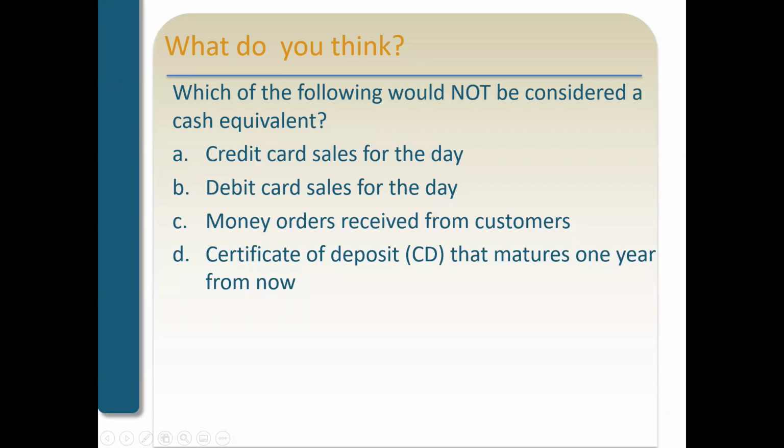Which of the following, though, would not be considered a cash equivalent? Would it be credit card sales for the day? Debit card sales for the day? Money orders? Or certificate of deposit, CDs that mature 1 year from now?